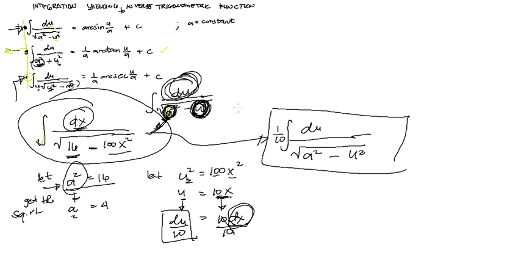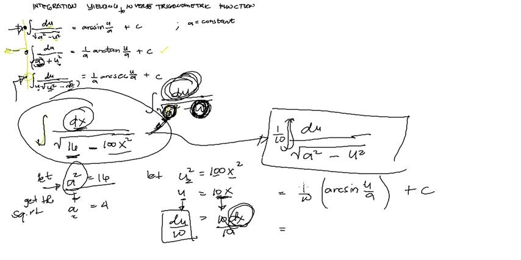Okay, so we have 1 over 10 multiplied by the integral of this, which is what is the integral of this? We have arc sine, then u over a plus c.